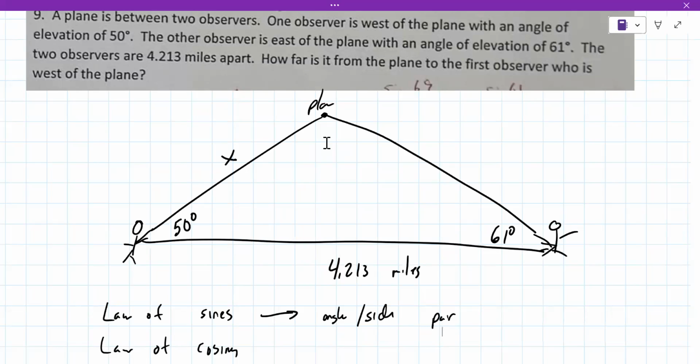So we'll call this missing angle P. 180 minus 50 minus 64. Okay, so could you calculate that for us, please?